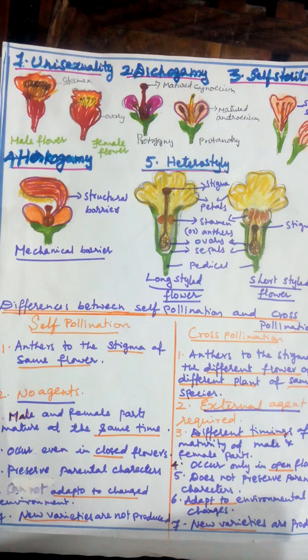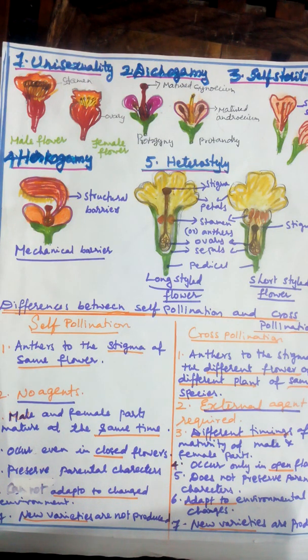In self-pollination, no external agency is required. In cross-pollination, an external agent like wind, water, insect is always required. In self-pollination, male and female parts mature at the same time, homogamy. In cross-pollination, anthers and stigma mature at different times, dichogamy.